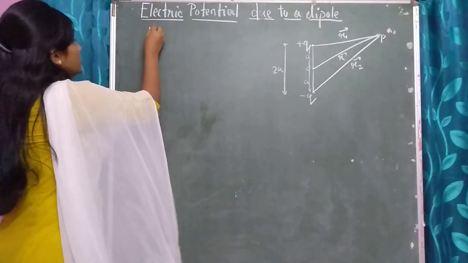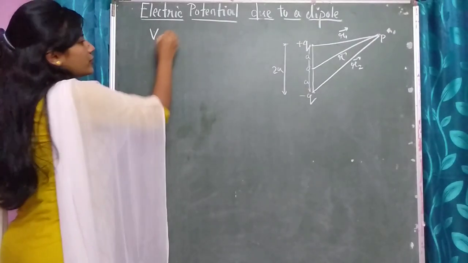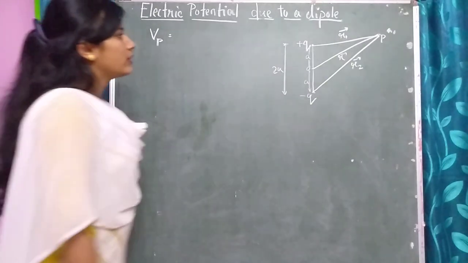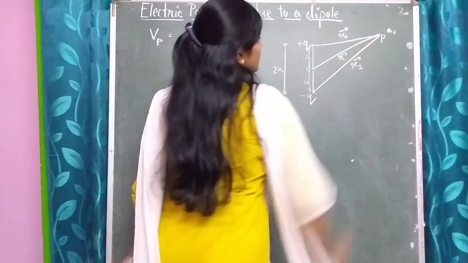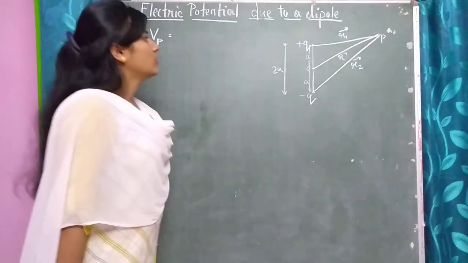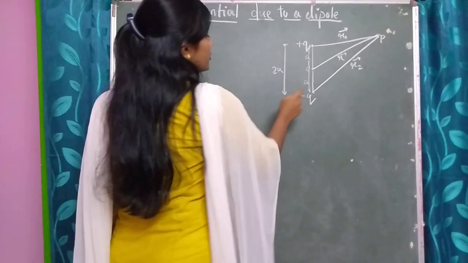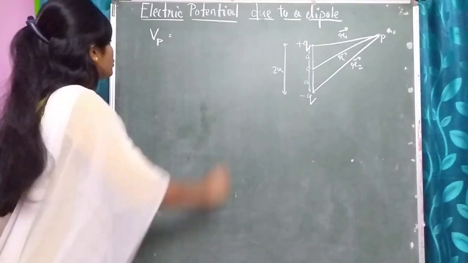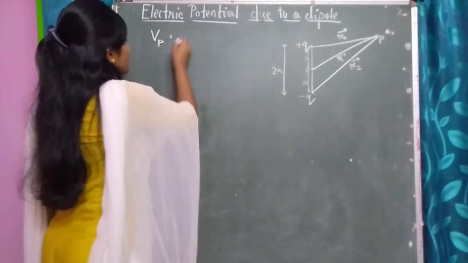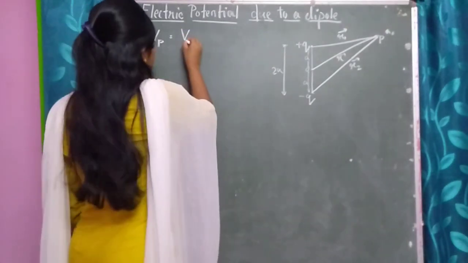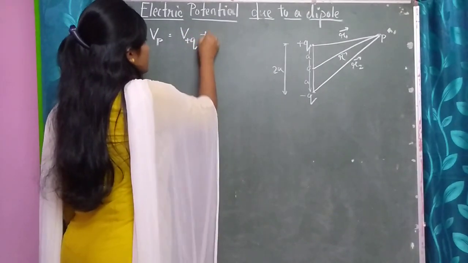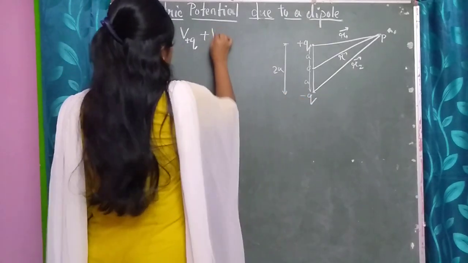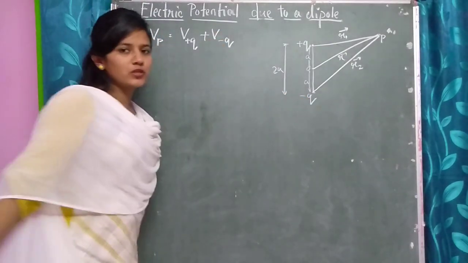Next, what is the electric potential at point P? As we know, electric potential at a point is the sum of the potential due to individual charges. So V at point P will be the sum of V due to plus q, plus V due to minus q.